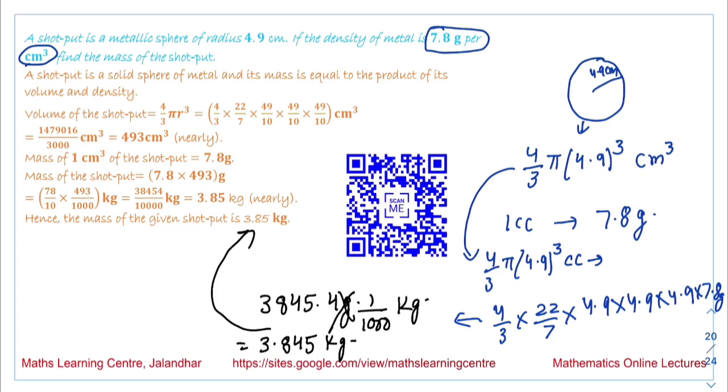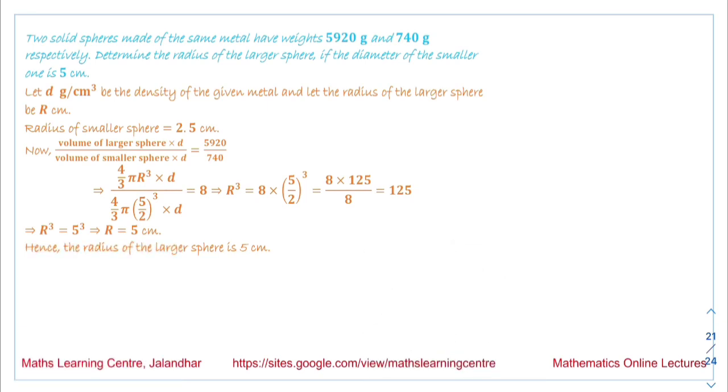Now next, we have two solid spheres made of the same material with weights 5920 gram and 740 gram. We have to determine the radius of the larger sphere if the diameter of the smaller one is 5 centimeter. The density of both is the same because they are made of the same material. Suppose the density is d grams per centimeter cube.